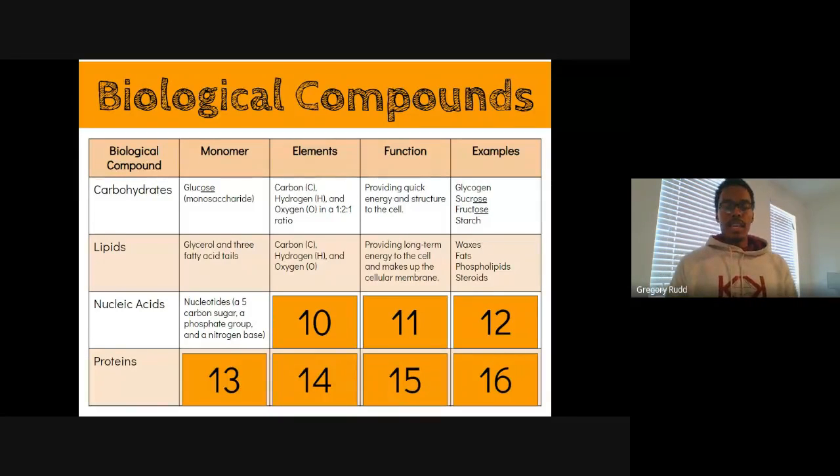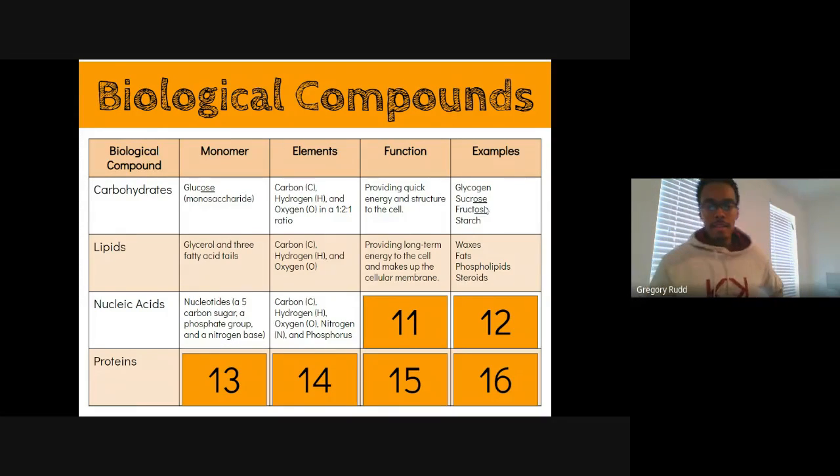Just like the OSE ending, I forgot to point that out today, but the OSE ending indicates sugar. All right. Oops, I didn't mean to show the elements for nucleic acids, but there they are. So we've got 2 additional elements, nitrogen and phosphorus.